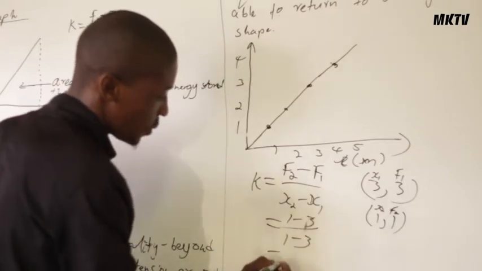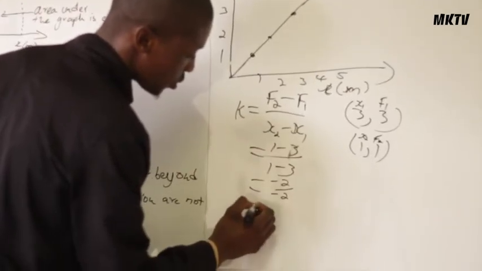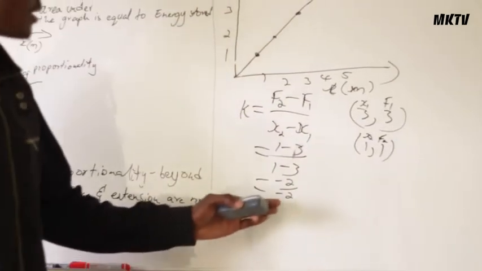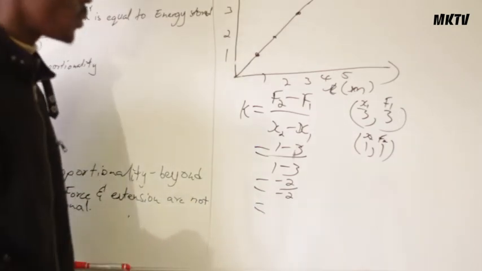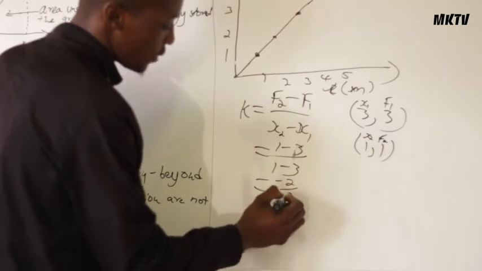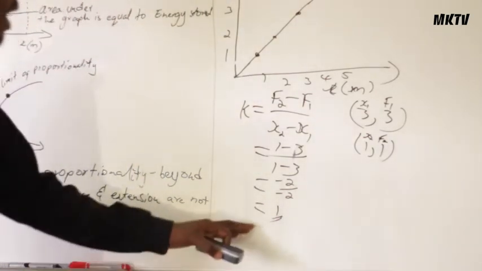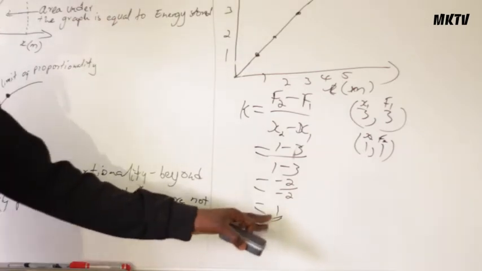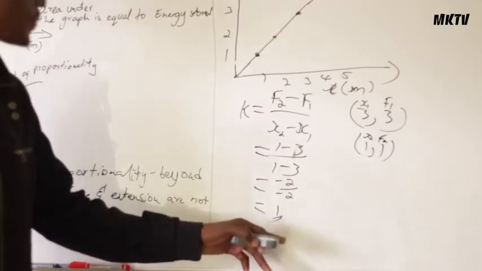Calculating, we get -2 over -2. Remember, in mathematics, when dividing a negative by a negative, you get a positive result. Therefore, -2 over -2 is just 1. So from this graph, our spring constant would be 1.